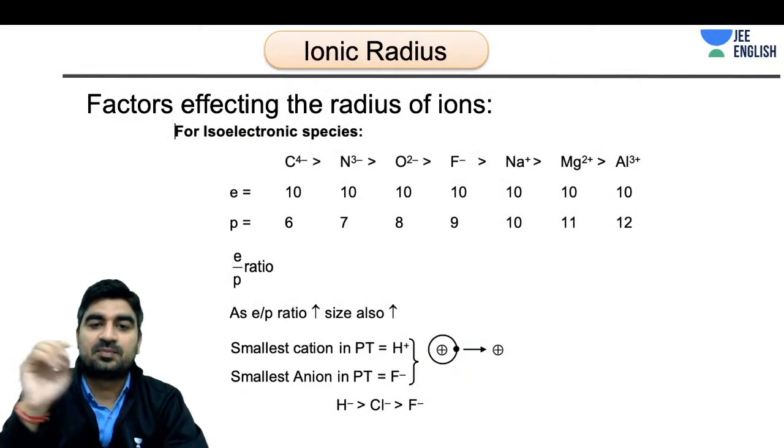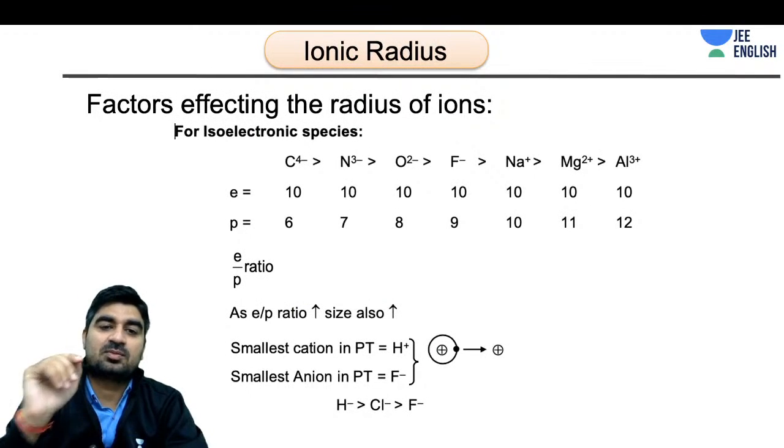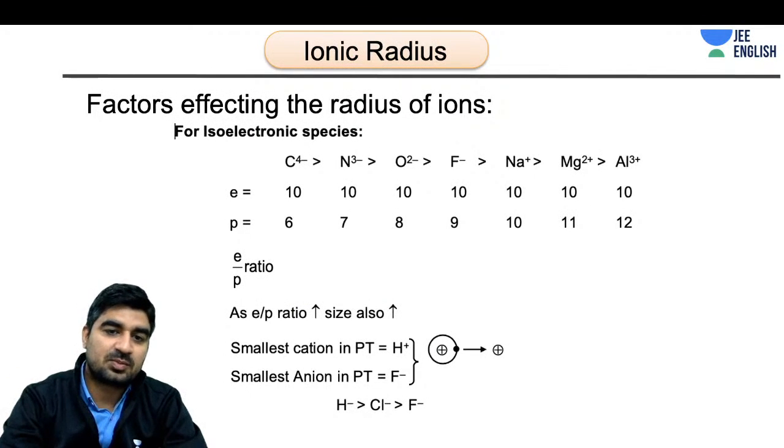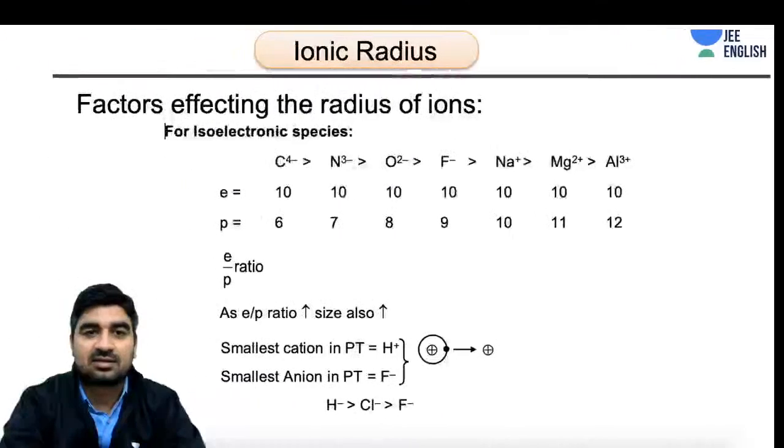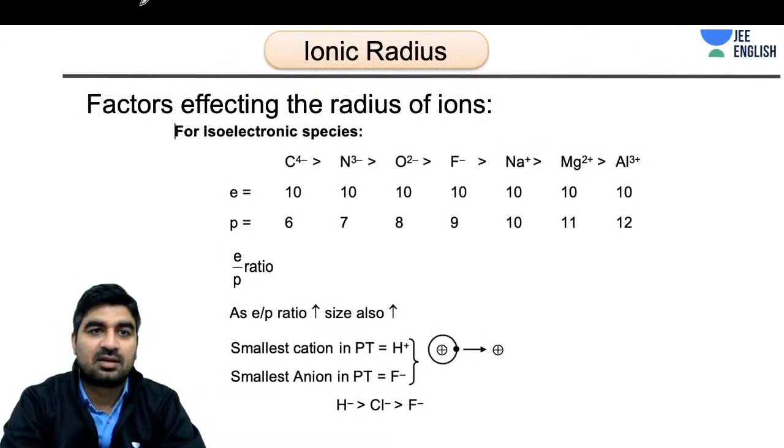Now let's move on. Can you tell me the smallest cation in the periodic table and the smallest anion in the periodic table? Anyone?